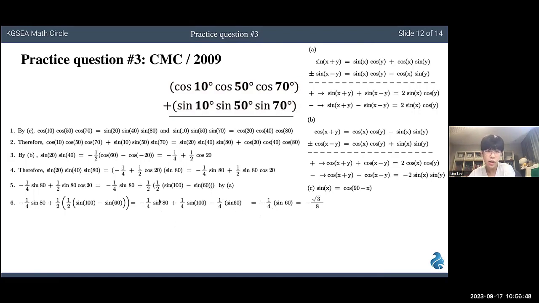This is because sine 80 is equal to sine 100, as we've stated before, because sine x is equal to sine of pi minus x if we look at the function again. And therefore, negative 1 over 4 sine 60 is simplified into negative root 3 over 8.